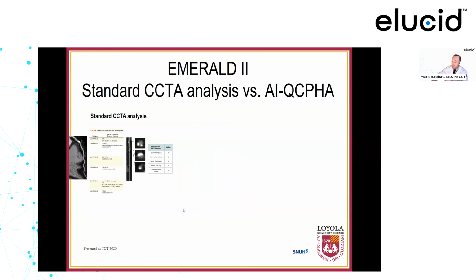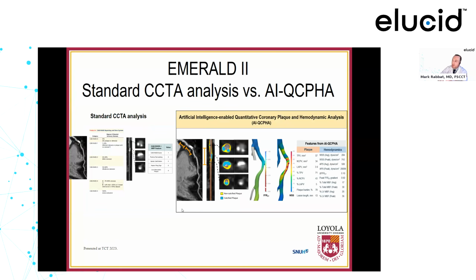Now, this is data that was just presented at TCT from Emerald 2, comparing standard CCTA analysis versus artificial intelligence-enabled quantitative coronary plaque and hemodynamic analysis, in using these various analyses to predict downstream acute coronary syndrome. So for the standard CCTA analysis, which incorporated CAD-RADS and high-risk plaque features, that was the standard CCTA analysis.